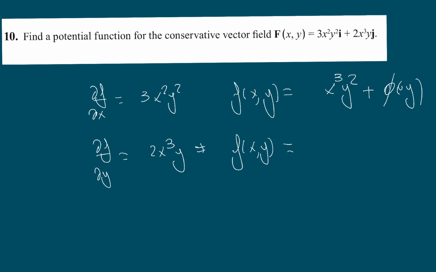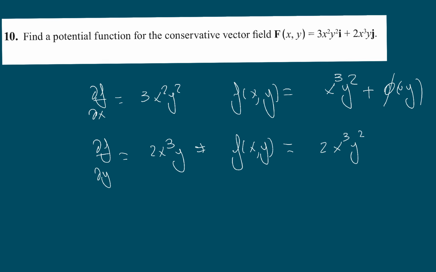Who is the function whose partial derivative with respect to y will give 2x cubed y? Well, try this one, 2x cubed y squared. If I now take the partial derivative with respect to y, I will have 4x cubed y. Oh, but I have a 4, not a 2, so erase the 2.